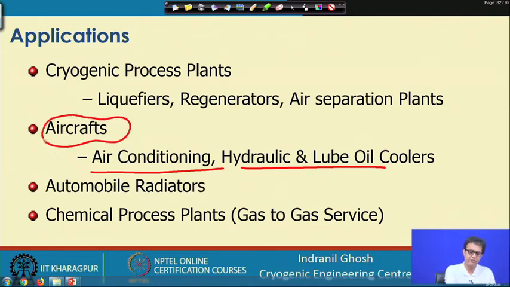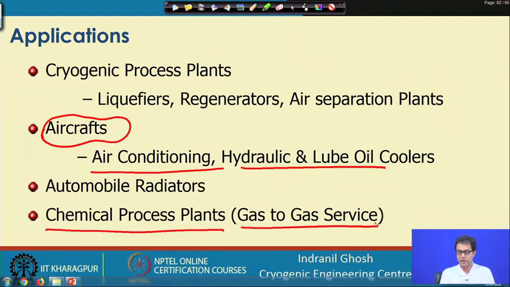We find that some of the exchangers are made of stainless steel. Then in automobile radiators, we find that frequently these days we are using the brazed aluminum plate fin type of heat exchangers, and in chemical process plants where we have gas to gas service.